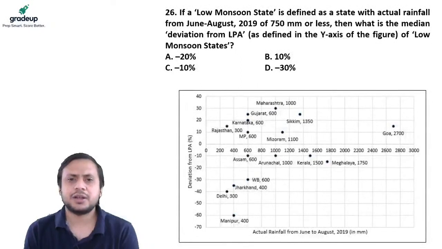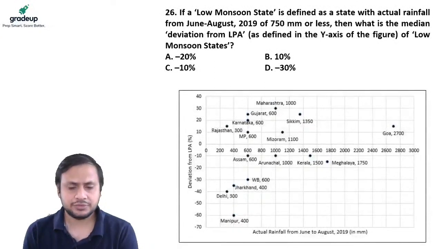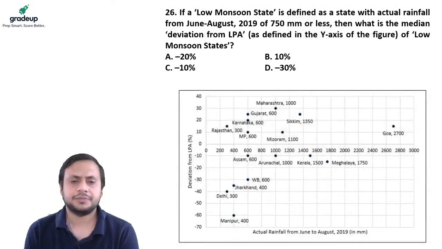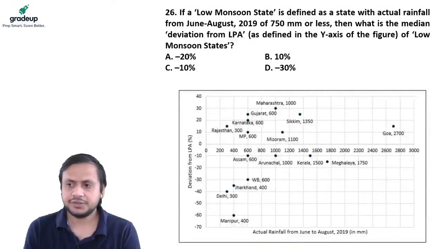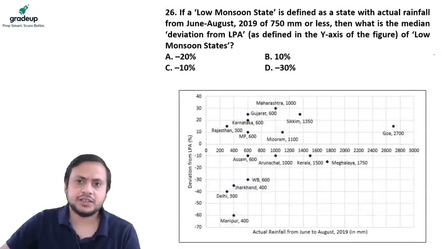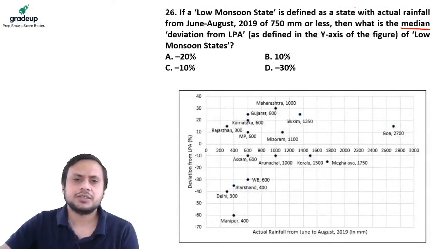You know, median is what? When all the values are arranged in ascending order, then the middlemost value, if the number of observations is odd. Median is when all the values are arranged in ascending or maybe descending order, and we are just looking at the middlemost value.